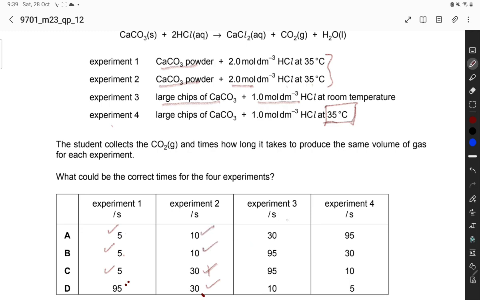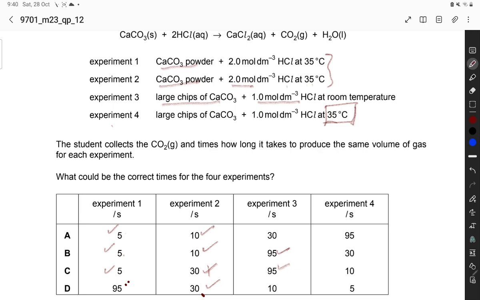Experiment 3 is taking more time because large chips of calcium carbonate are used in this case, and hydrochloric acid at room temperature. So at room temperature taking more time, so it must be 95. So now experiment 4 will decide the correct option.